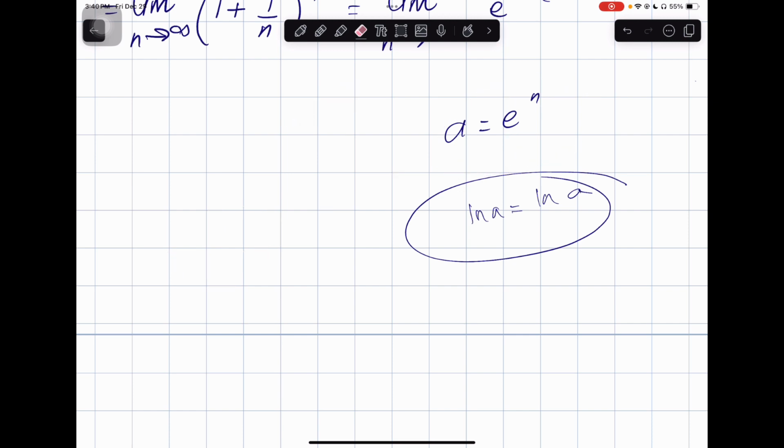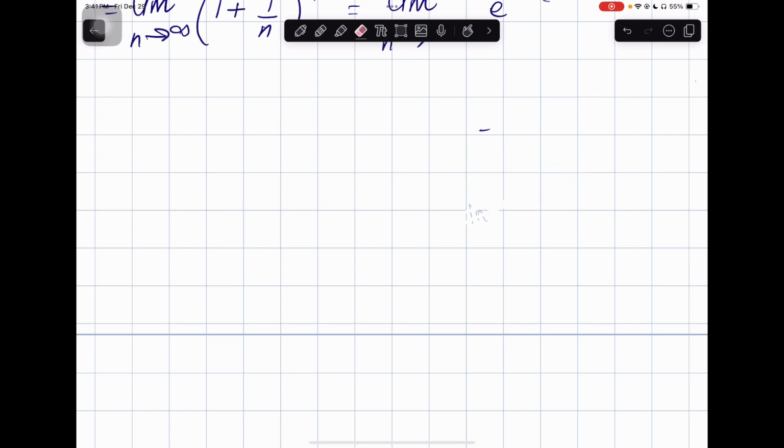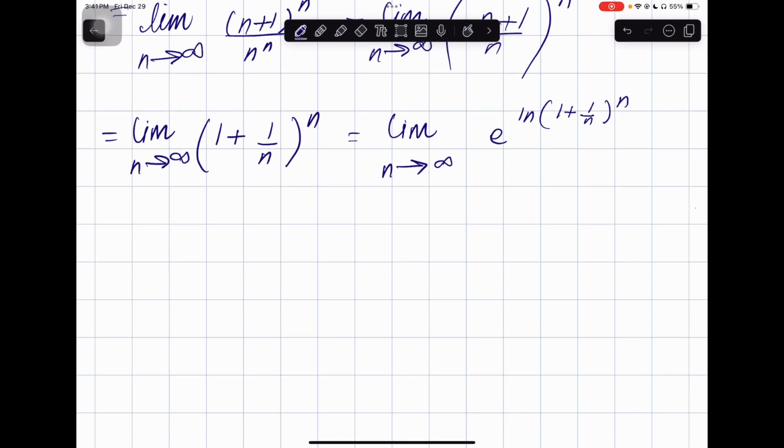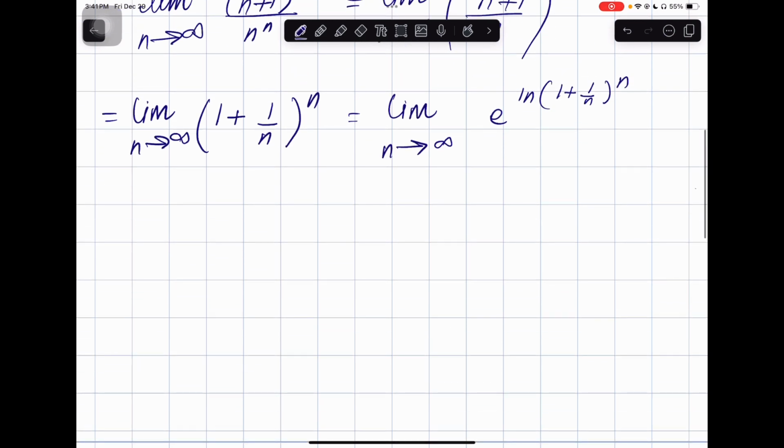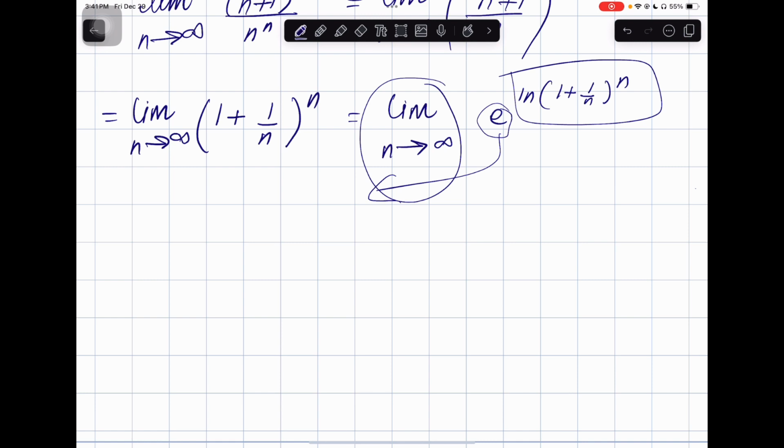The reason I'm taking help of Euler's number and logarithm is because e is continuous throughout, and one of the properties that you have probably discussed in your earlier classes is that if the limit exists, then you can take it outside.